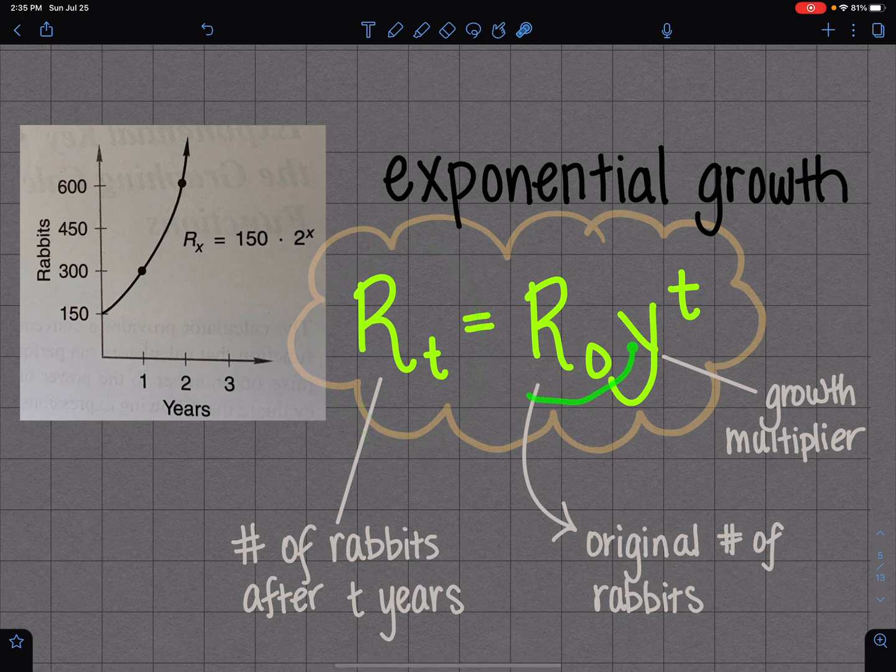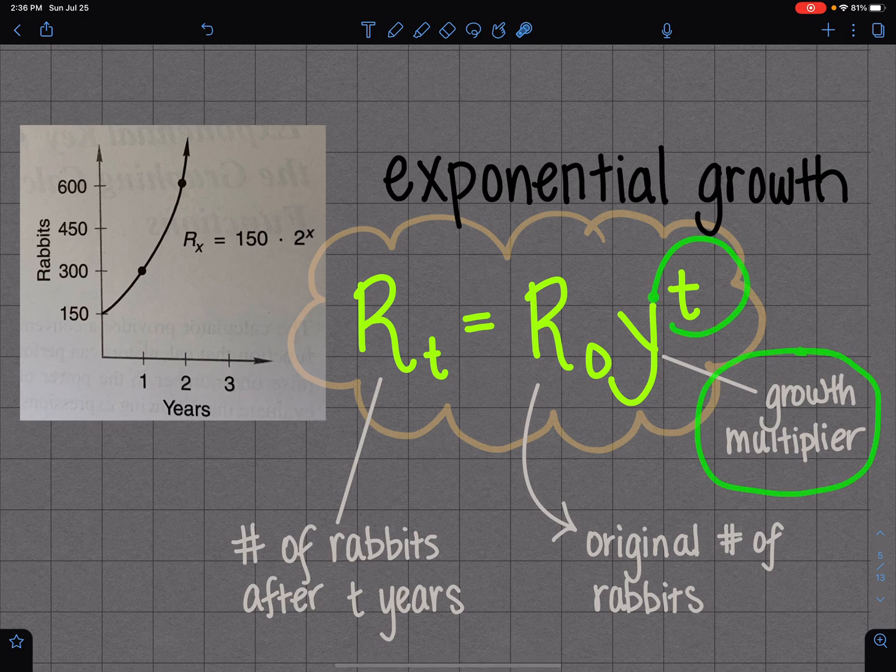Then this is going to be the number of rabbits that we had originally. That's why we have an O here, original number of rabbits. This y, which in this case was 2 because it tells us that it doubles every year, is your growth multiplier. They could say it triples every year, it quadruples every year, whatever it is.